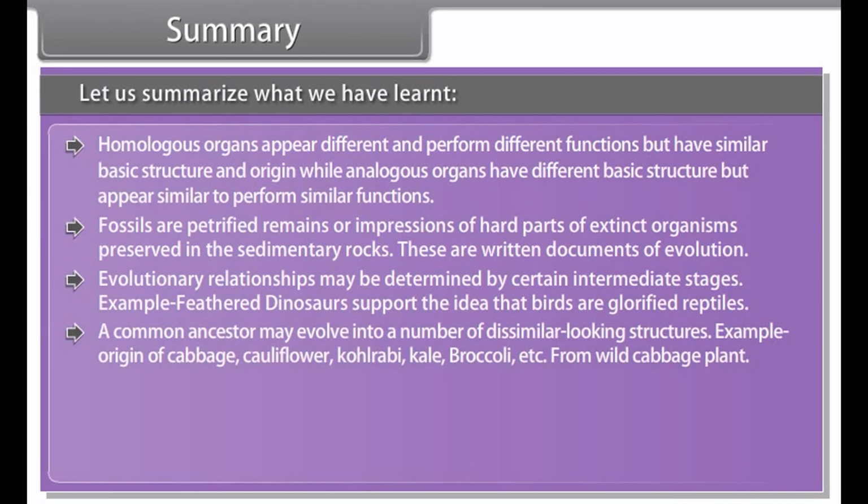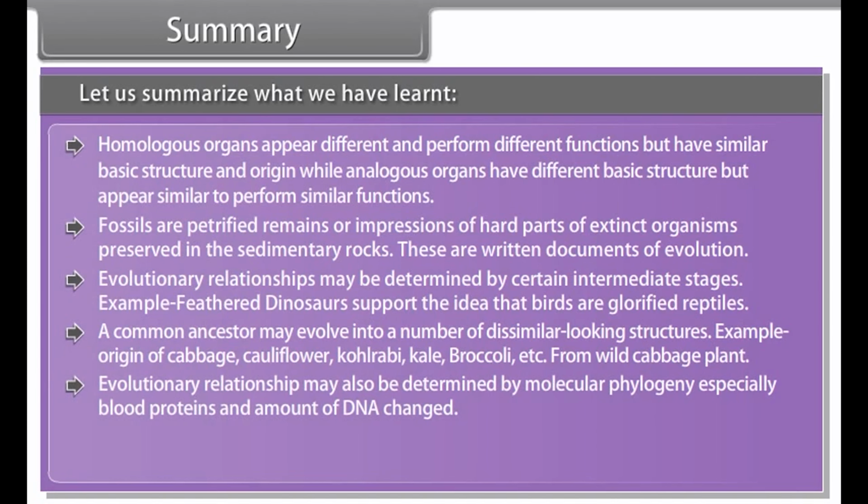A common ancestor may evolve into a number of dissimilar-looking structures. Example: the origin of cabbage, cauliflower, kohlrabi, kale, broccoli, etc. from the wild cabbage plant. Evolutionary relationship may also be determined by molecular phylogeny, especially blood proteins and the amount of DNA changed.